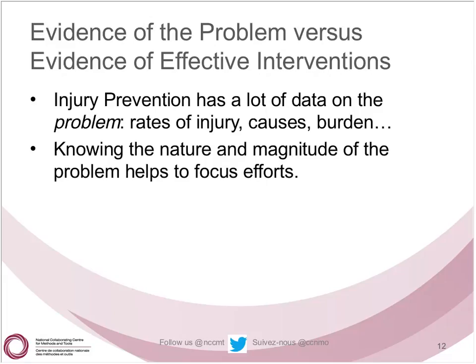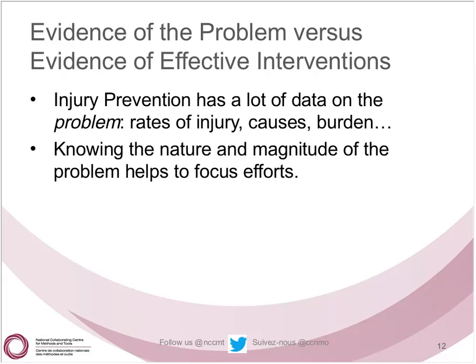Often the data that are available about the problem can be specified by location, what's happening in my city or town, what's happening for a particular population group, for young men, for older women. You can segment the data in that way, which is not the case always for other fields of endeavor.